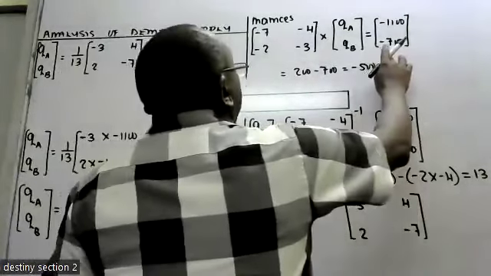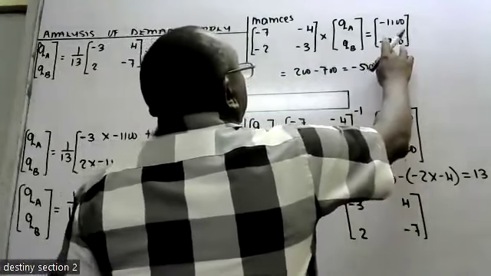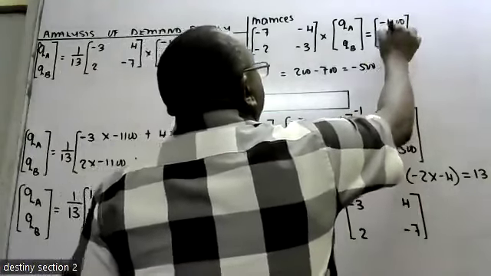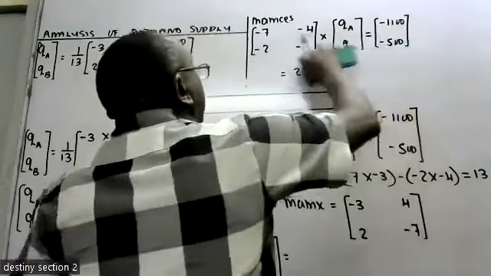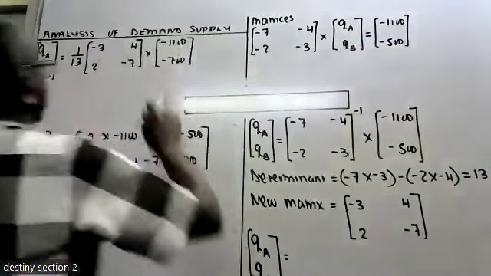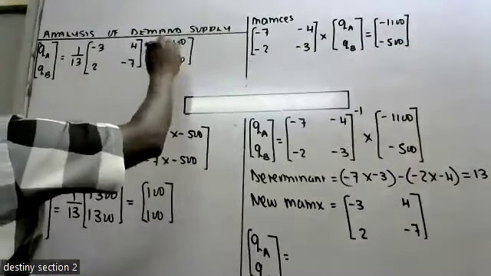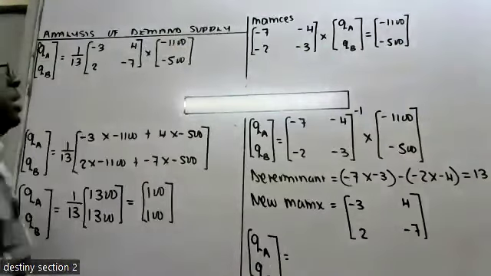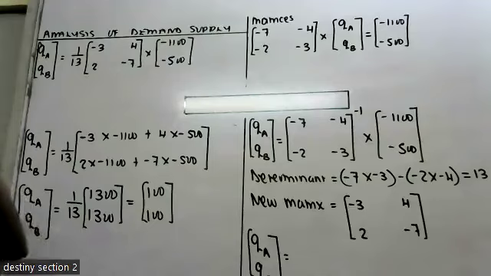This one make it to be 500. This one, make it to be 500. And that equation number 2, which we had, it should have 500.